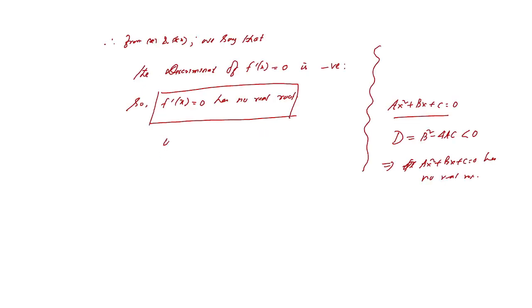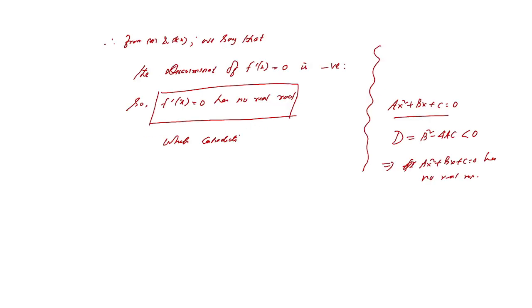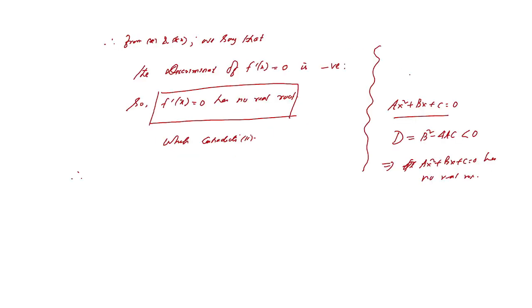So if I say this is 1, which contradicts 2, that means our assumption is false. Our assumption was that the equation f(x) = 0 has more than one real root. This is not true.